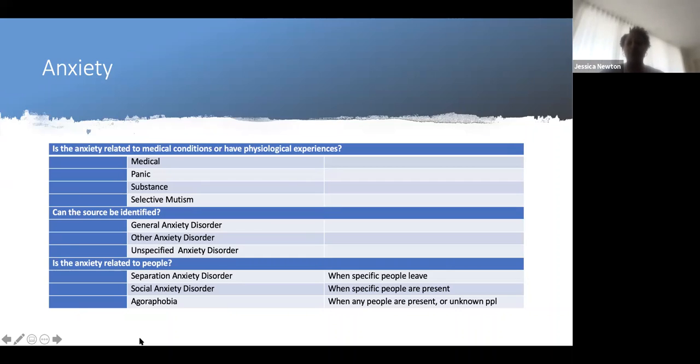But if we are able to dig a little deeper and we can identify the source of anxiety, then does it involve people? Does it have anything to do with people? And if it is involving people, then we have some more questions here: when specific people leave, when specific people are present, when any people are present, or unknown people are present.